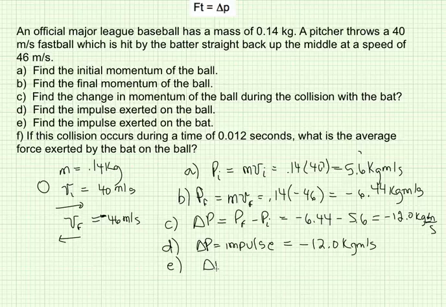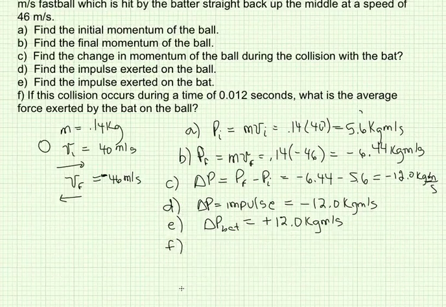The bat is going to experience Newton's third law. So the change in momentum of the bat is going to be equal but opposite from the ball. That means it's going to experience an impulse of positive 12.0. For every action, there's an equal and opposite reaction.